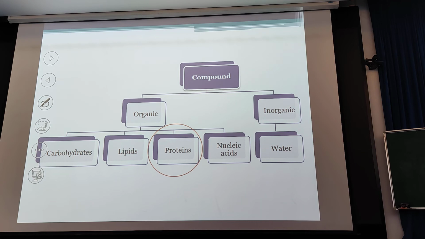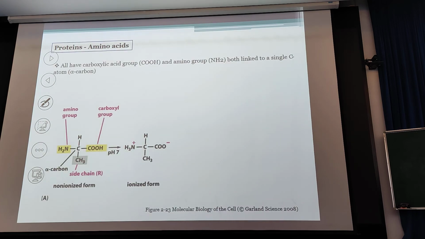So we move to the next compound, a very important compound. Is it protein? So for protein, the basic units are the amino acids. The amino acids all have a carboxylic acid group and an amino group.